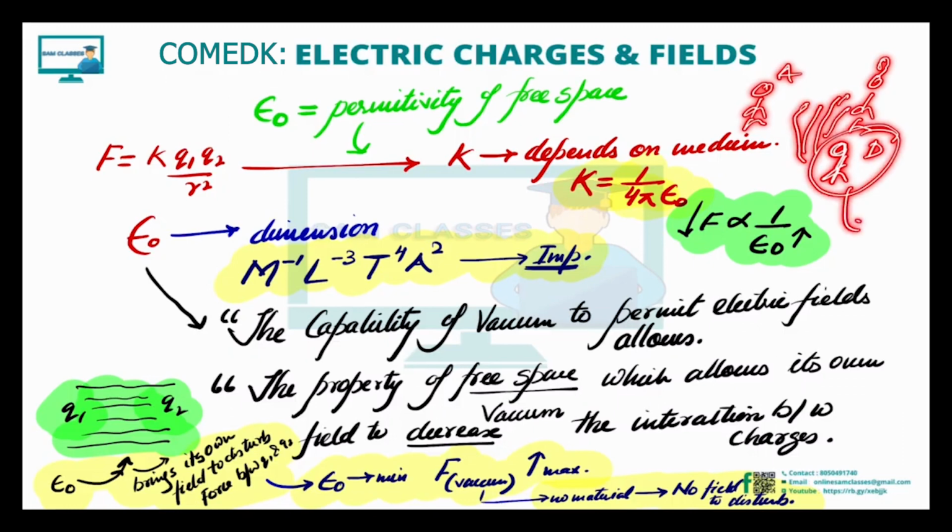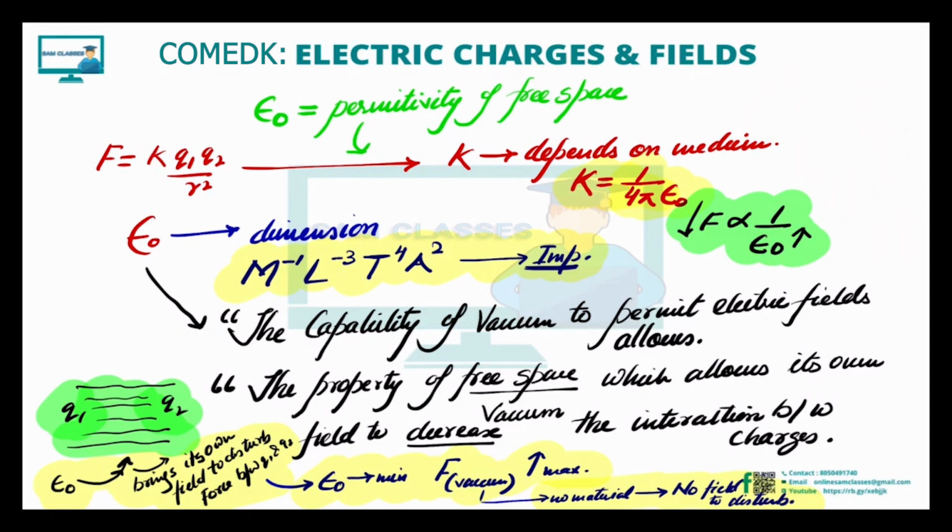So what it is doing is creating its own aura to disturb. Basically, epsilon naught for free space means the free space of the air. Here vacuum and air, we take as the same thing. So the air is creating its own field to disturb the charges which were interacting. The stronger the field, the more it will disturb.